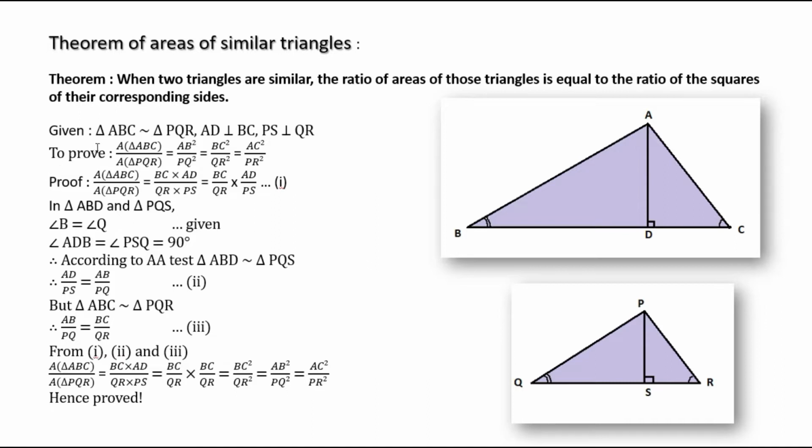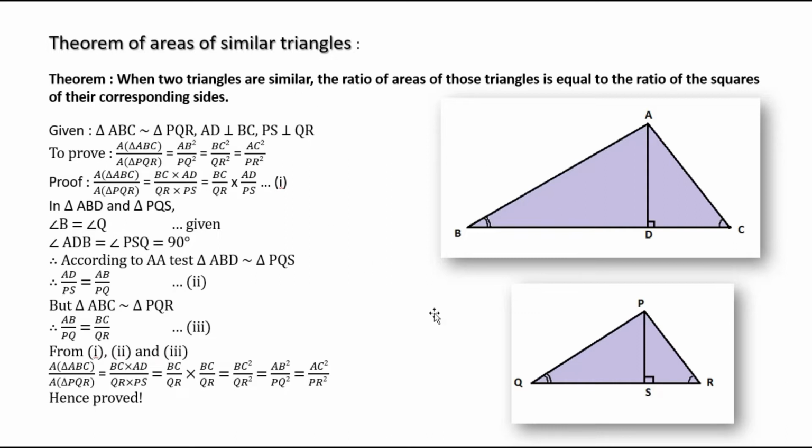Hence, we can write area of triangle ABC upon area of triangle PQR. This comes from here. The ratio of area of those triangles is equal to the ratio of squares of their corresponding sides. Now, you have to know the one-to-one correspondence here.